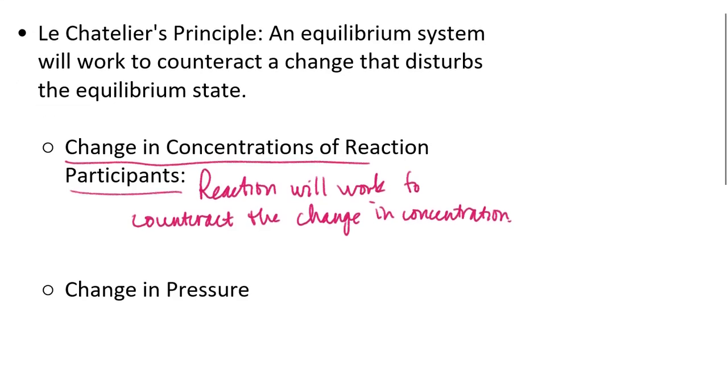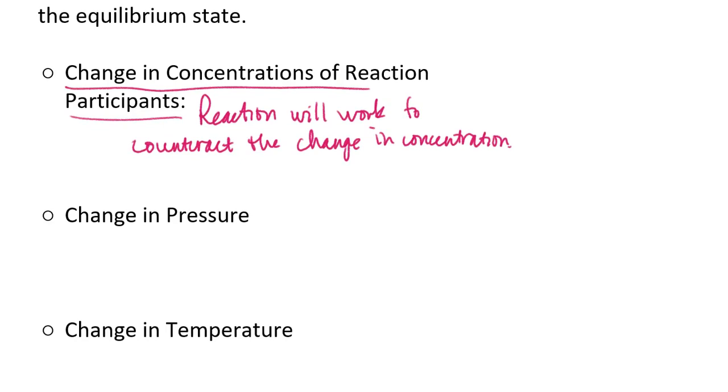If I change pressure, and this is more applicable to gas phase equilibrium, the equilibrium system will move towards the side of the reaction that will cause the pressure to go back to the original state of the equilibrium system.